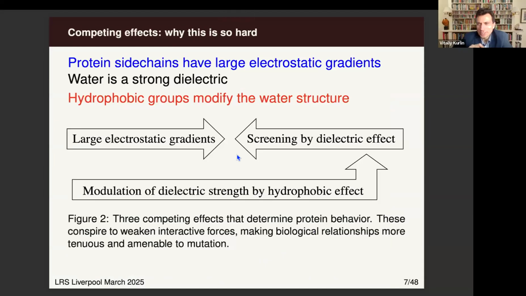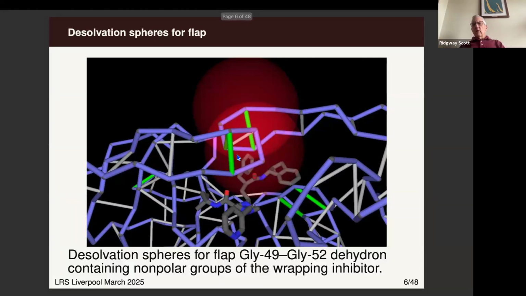Ridgway, could I ask a short question on the previous picture? Yes. So you said the blue polygonal line in the background is the standard backbone, right? And I guess the vertices are simply alpha carbon atoms. Yes. The nodes where two edges meet. That's right.